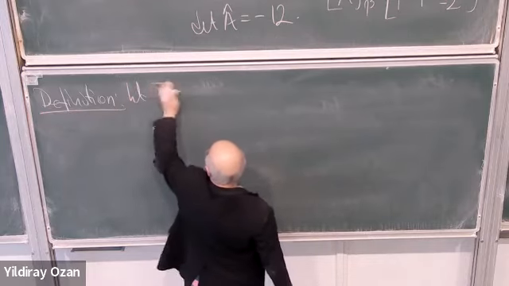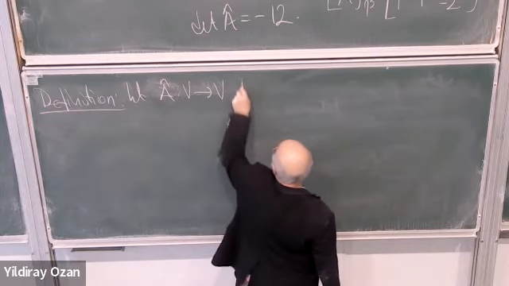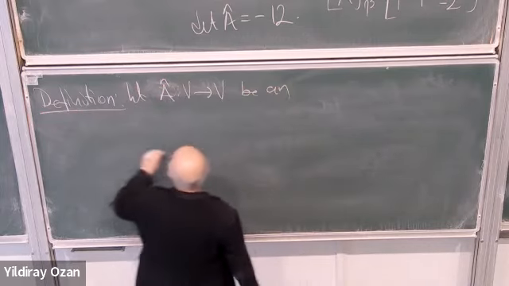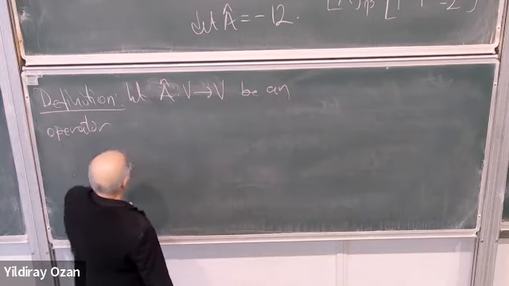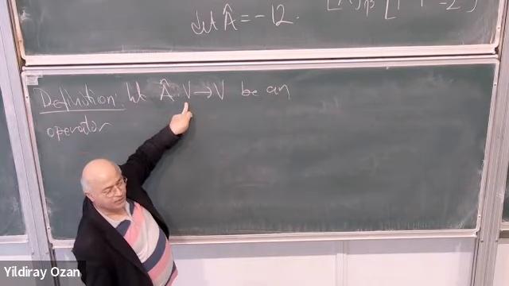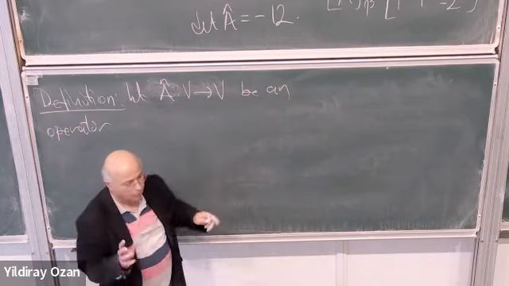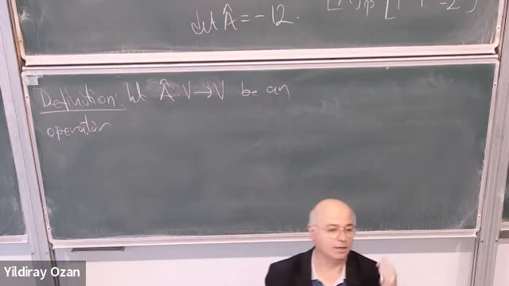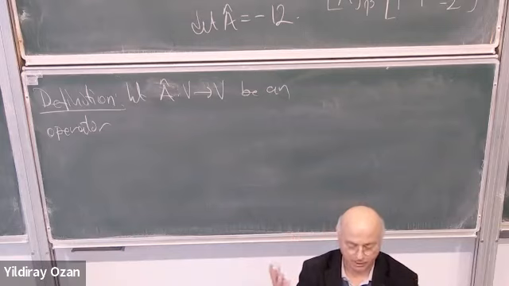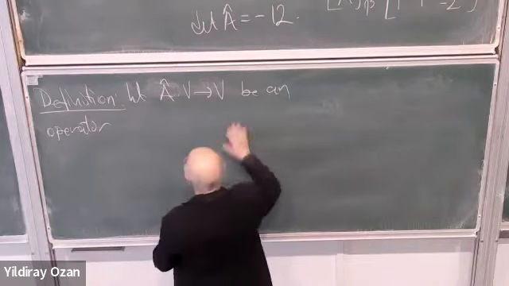Let A hat be an operator. So, a linear map between a vector space and itself is always called an operator, okay? It's a linear map, but if the domain and target space are the same, we call it an operator. So, let A hat be an operator.